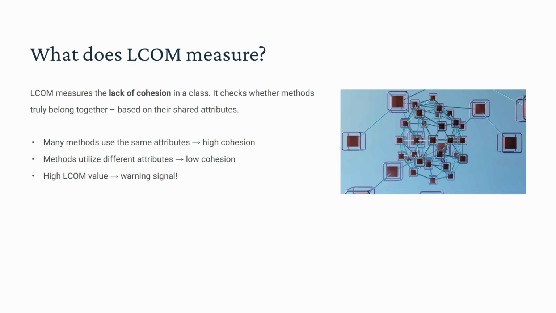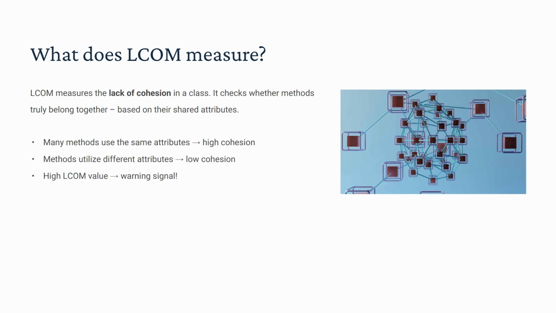Imagine a class that contains several methods. If almost all methods work with the same attributes, cohesion is high, the class is coherent. But if many methods use completely different attributes, cohesion is low, and one might wonder why these methods are actually encapsulated in this class. And that's exactly what is reflected in a high LCOM value.